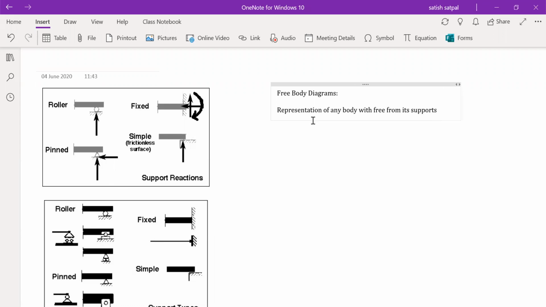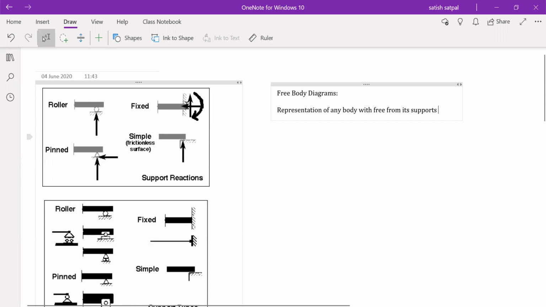For example, if you see here a fixed support, suppose in a fixed support both the ends are fixed. Suppose if I want to represent this beam as a free body diagram, then what can I do? I need to remove these supports, correct?